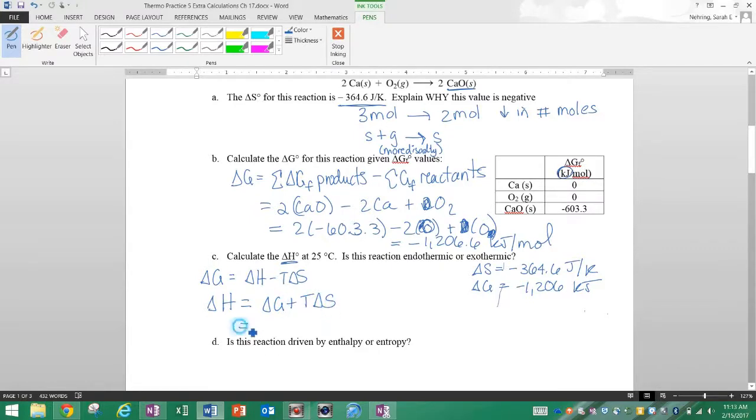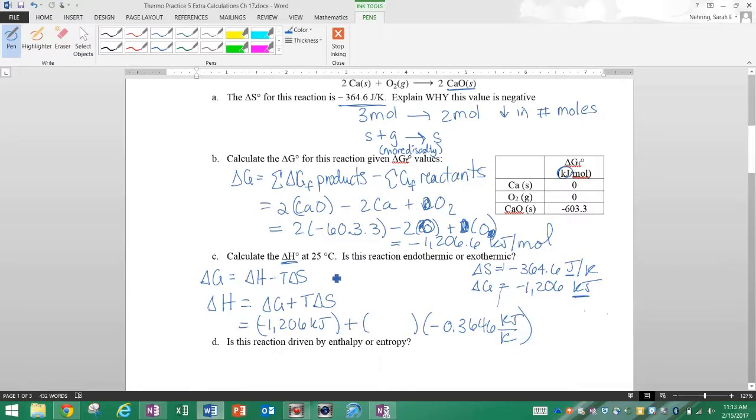And if I plug that in here, my delta G is negative 1206 kilojoules. Whenever you are doing this equation, pay attention to units. So notice how your G is in kilojoules, your S is in joules. So you want to convert the joules into kilojoules. This is negative 0.364 kilojoules per Kelvin.